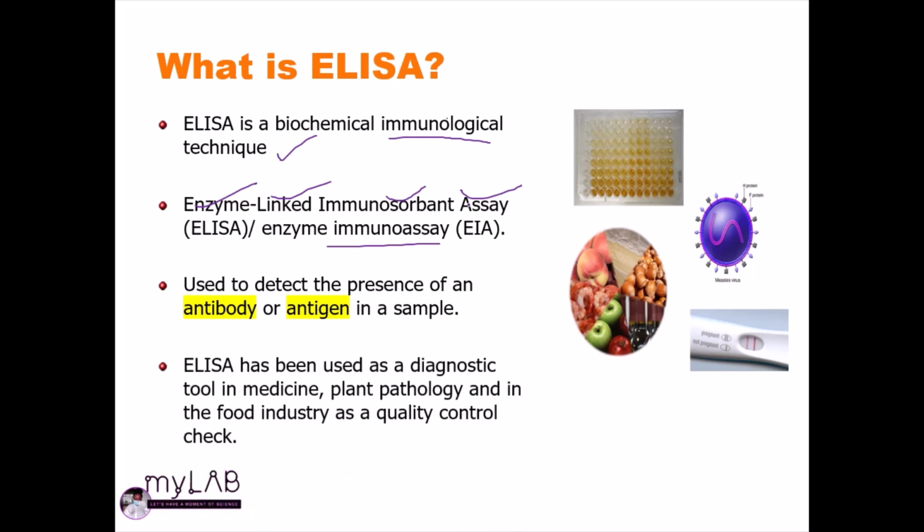It can range from diagnostic medical samples to plant pathology samples to food industry samples, as you're doing quality control checks, because if you have an antigen, you can raise an antibody against it. And then the antibody that you raise against it can be conjugated to an enzyme for a detection mechanism. The enzyme will catalyze what you call a substrate, as we shall be seeing in the next few slides.